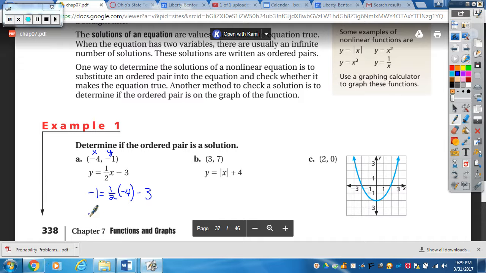So if I go ahead and plug this in, -1, half of -4 would be -2 minus 3. If I take -2 and subtract 3, you get -5. So the question I have for you guys is this: is -1 equal to -5? And the answer is no. So what we know by doing this whole process here is that this point is not on that line right there.